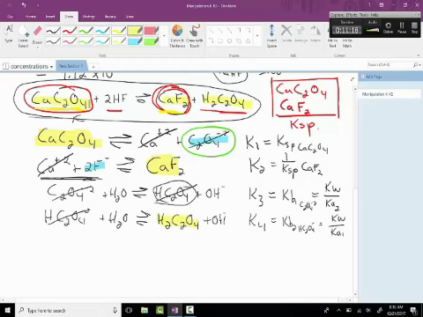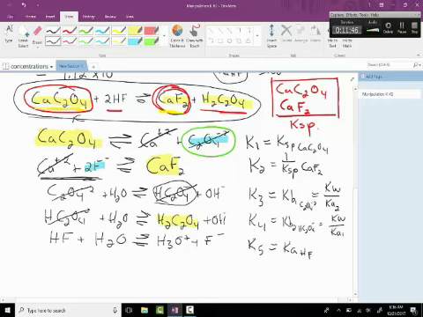The only thing I need left is HF. Let's give it a try. I know a reaction for HF. That's really easy. HF plus H2O gives me H3O+ plus F-. I know that K5 is equal to Ka of HF.